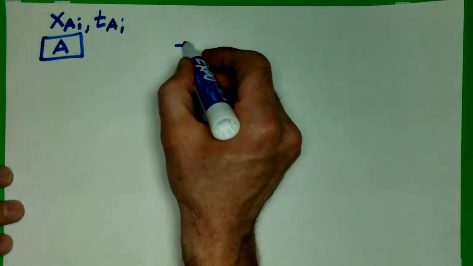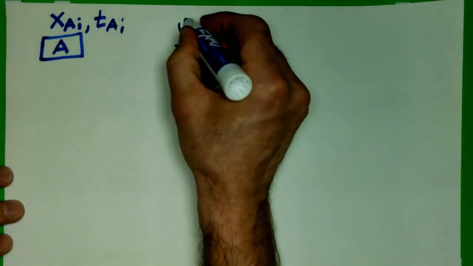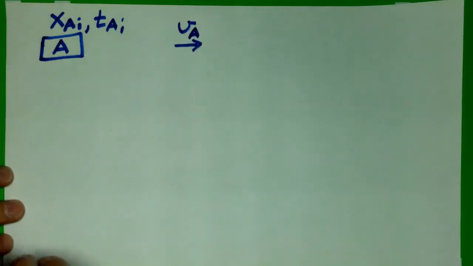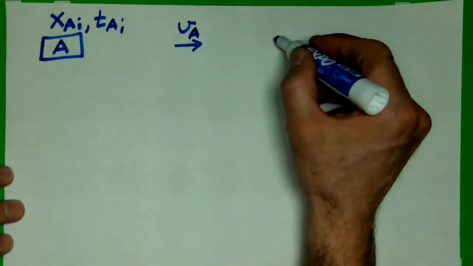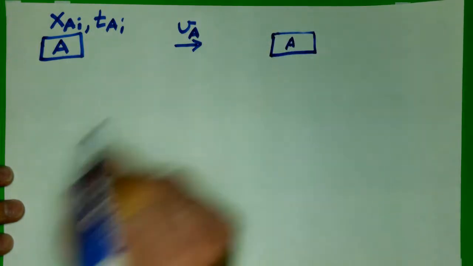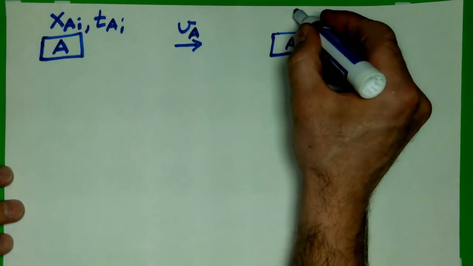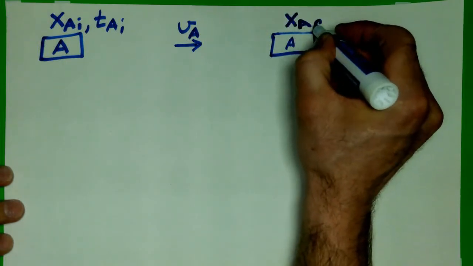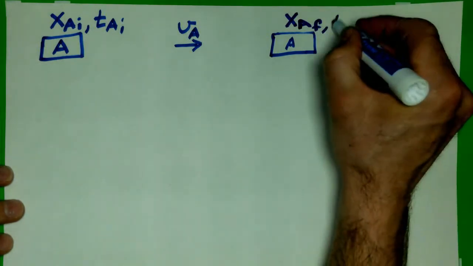You travel with a constant speed, V_A, so there's no initial or final because it's constant throughout the whole motion, and you get to San Francisco, which is at a different position, your final position, at some final time.